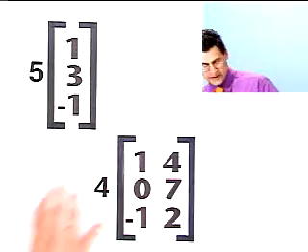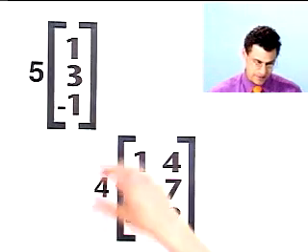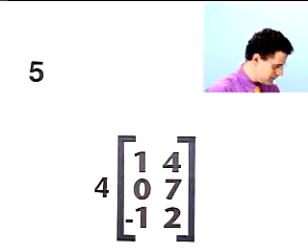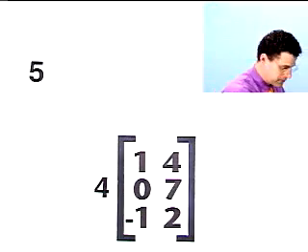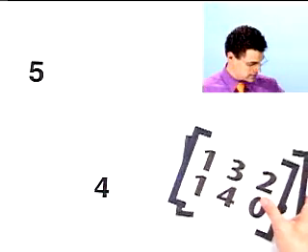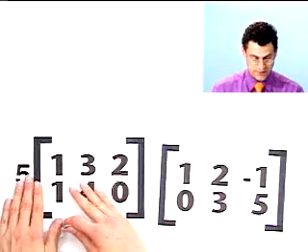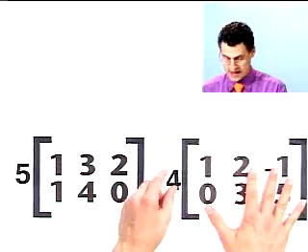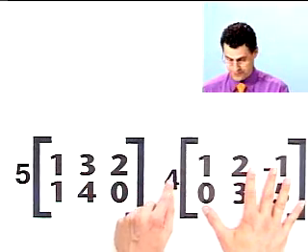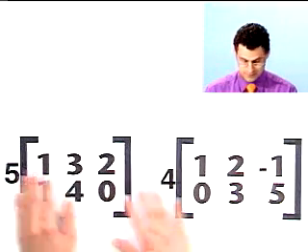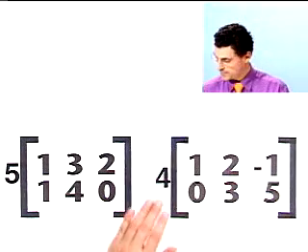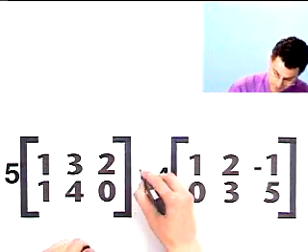Just to illustrate that, in fact, we can combine these ideas together. I could take two matrices like this and ask for this operation. Let's take 5 times this and add it to 4 times this. So put a plus sign here.